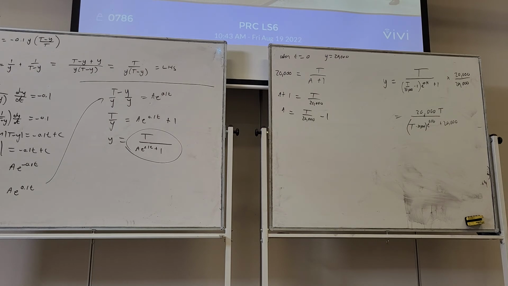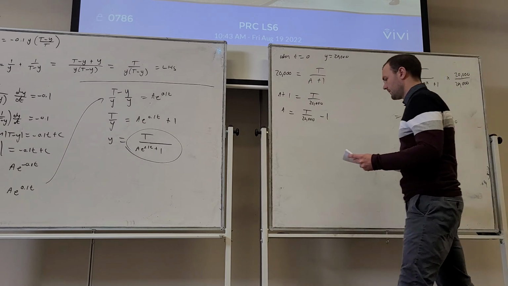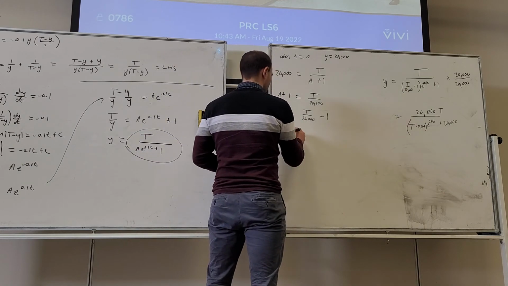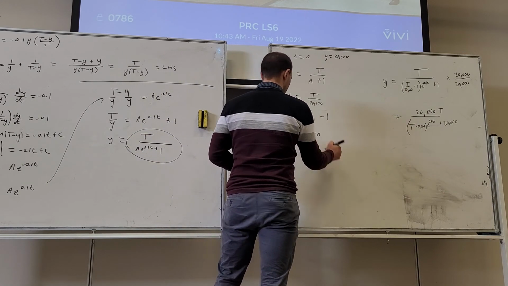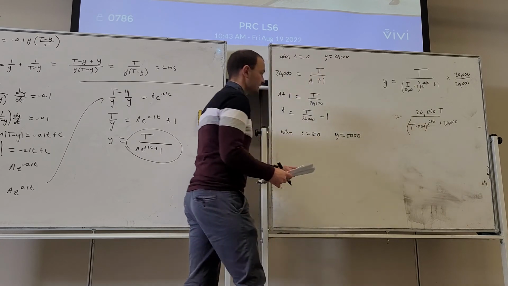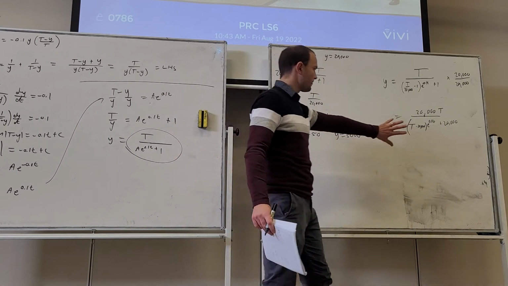Next part says, find the threshold value t, given after 50 years, the population is 5,000 animals. Okay, so what this means is when t is 50, after 50 years, y is 5,000. So we're going to substitute that into here.